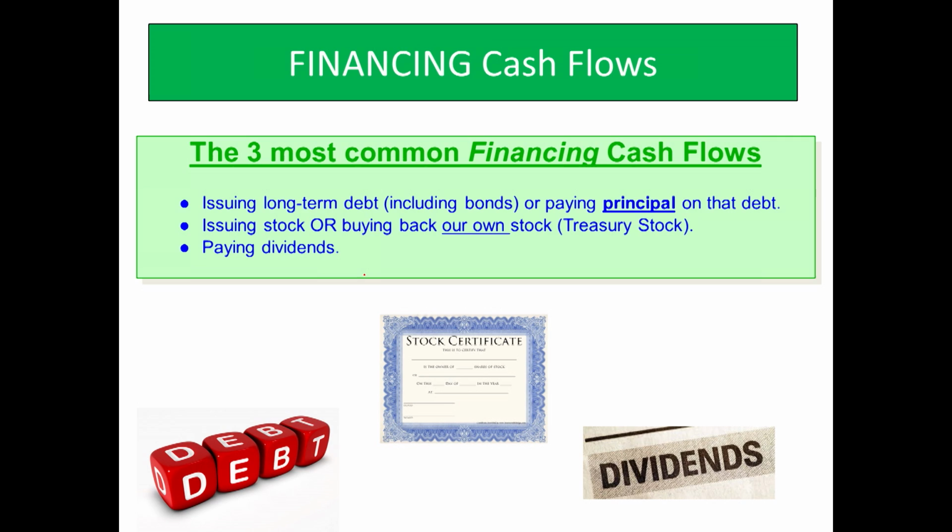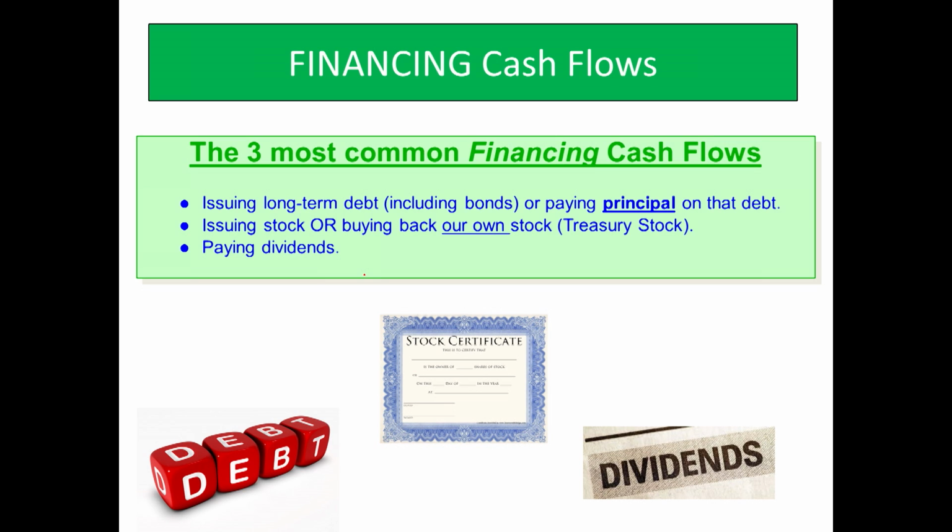Now let's talk about the three most common financing cash flows. Well, the three most common financing cash flows are issuing long-term debt, certainly including bonds, which we learned about in chapter 14, or paying principal on that long-term debt. Second most common financing cash flow is issuing stock, remember back in chapter 13, or buying back our own stock, treasury stock. Remember when we talked about treasury stock?